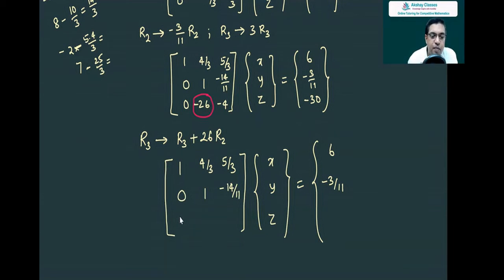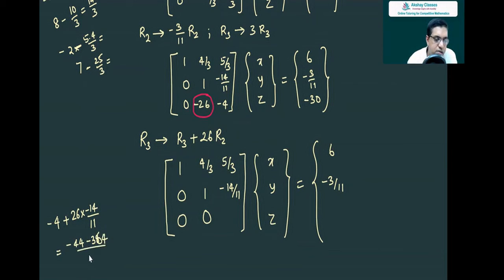Then here we get 0, minus 26 plus 26, 0. Then minus 4 plus 26 into minus 14 by 11. So what we get is minus 44, minus 384, 364, I think.